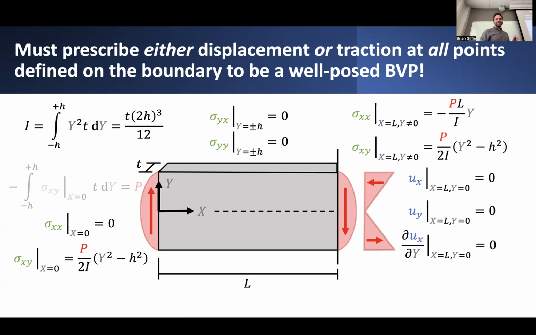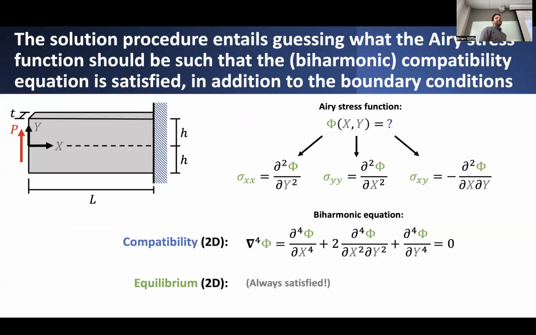So provided we have these boundary conditions, we went through the exercise of solving for the resulting distribution of stresses internal to this body, given the externally applied stresses or the boundary conditions. And we used this thing called the Airy stress function, which was this rather magical concept invented by some guy named Airy, who supposed that there existed some function, the Airy stress function, whose partial derivatives with respect to x and y gave us these components of stress.